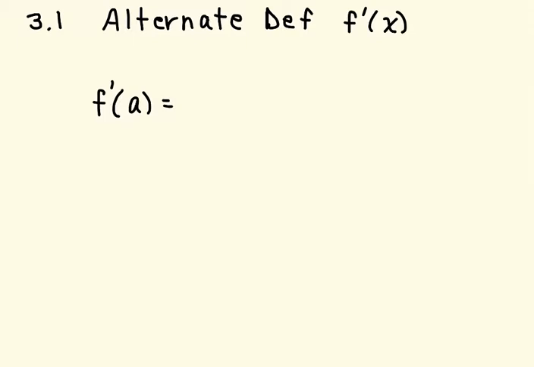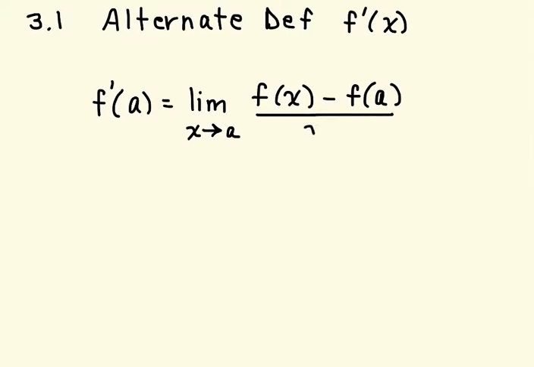And it is equal to the limit as x approaches a of f of x minus f of a over x minus a. And if you think about this, this looks very much like the slope of the secant line.